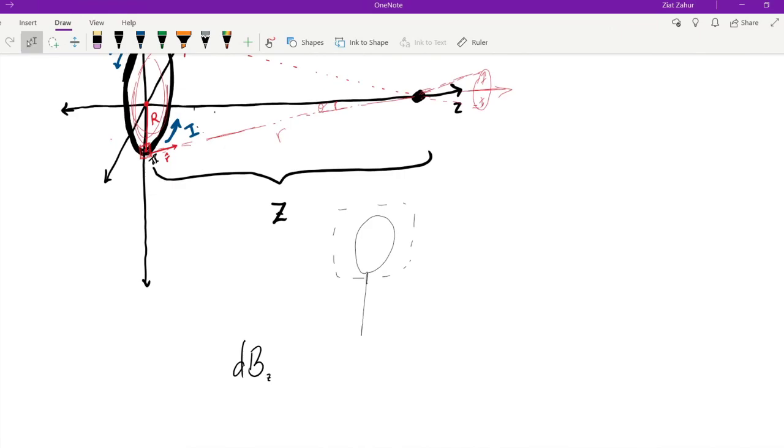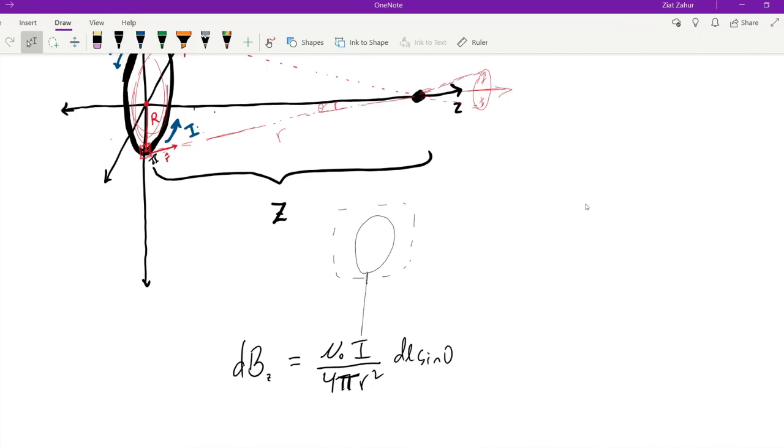All right, so what is dBz? Well, dBz, z-axis, is going to give us, okay, our Biot-Savart law, which is mu naught I over 4 pi r squared, r being the distance away from your little length, times dl sine theta, right?